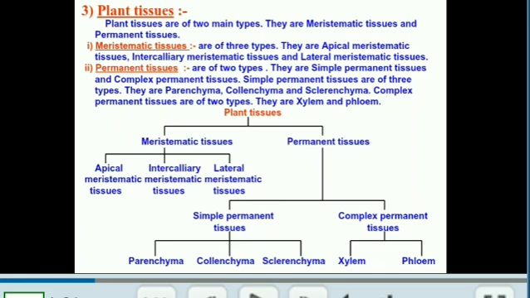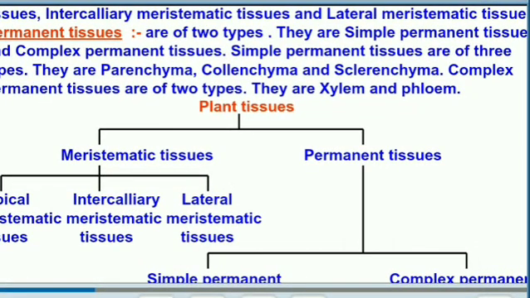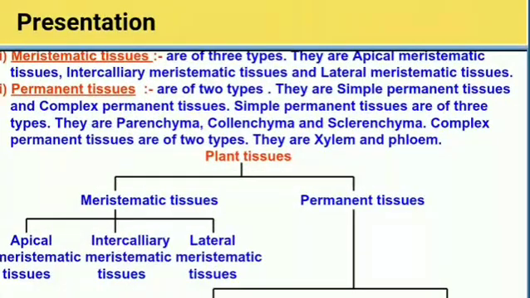I have also told you that apical means they are present on the root and shoot tips, whereas the intercalary are present on the nodes of the stem and the main branch. The lateral tissues are responsible for the growth in girth of any given plant.